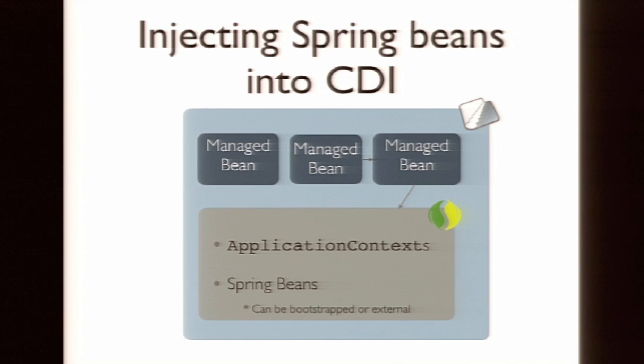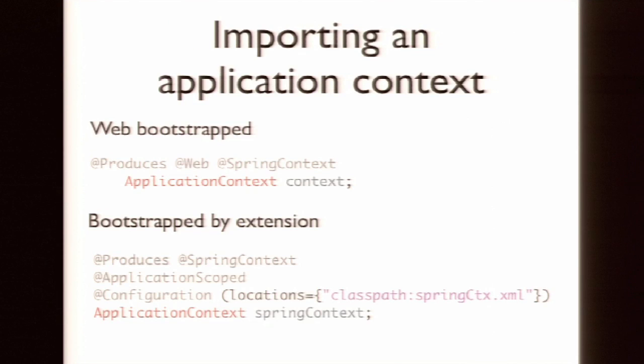So what we do here in order to do that is we can install a Spring context as a CDI bean. And we can acquire this context either, for example, if it's bootstrapped from a context loader listener, or we can bootstrap this from the extension itself, right?